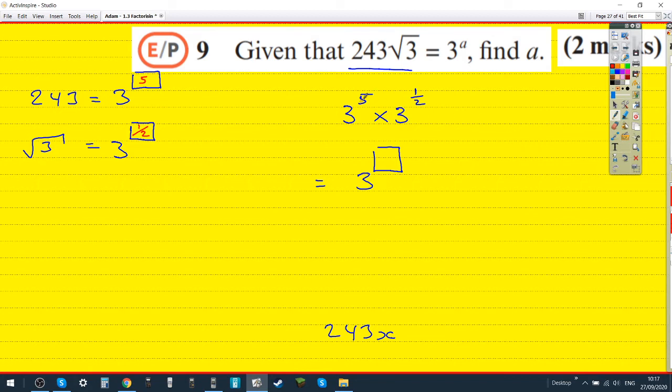Index rule for multiplying index numbers. I forgot. Add the powers. And so 5 plus a half. And so what is that? 5 and 1 over 10 or something. Calculator.